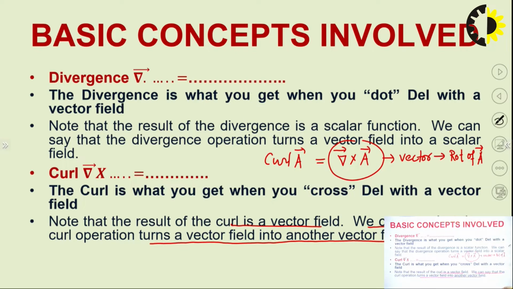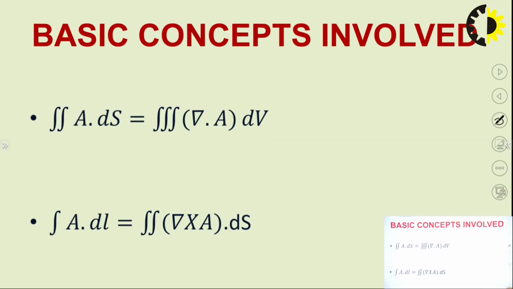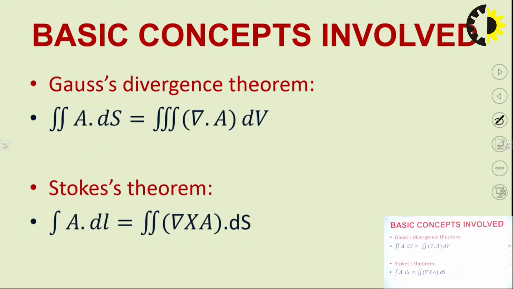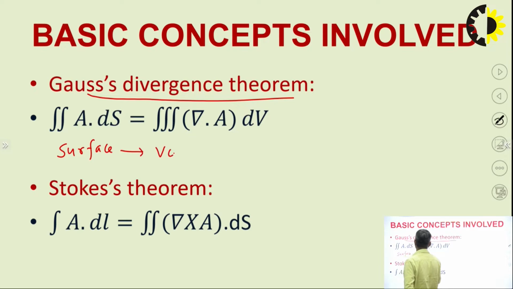These three are basic operations, and we have two important theorems. One is Gauss divergence theorem. It relates surface to volume, meaning 2 dimension to 3 dimension.